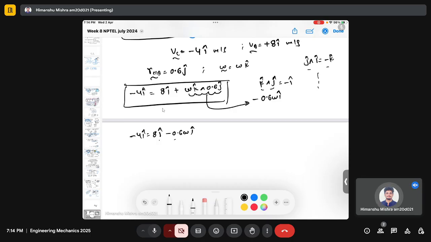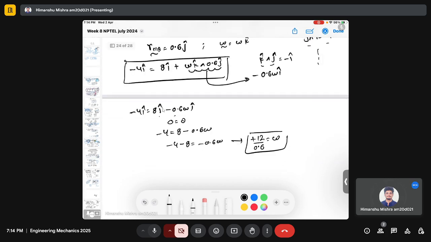If you write the equation in y direction, it will be 0 equals 0, and in the x direction it will be minus 4 equals 8 minus 0.6 omega. So it will be minus 4 minus 8 equals minus 0.6 omega. So this will give me minus 12 divided by 0.6, and this will be my omega.